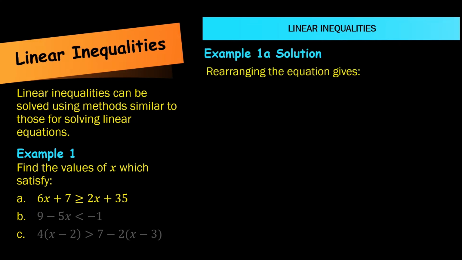We rearrange the equation to give 4x plus 7 is greater than or equal to 35. 6x minus 2x is 4x, and 7 and 35 stay as they are. We rearrange further: 35 minus 7 and leave 4x as it is.